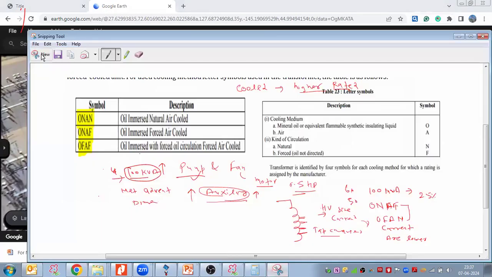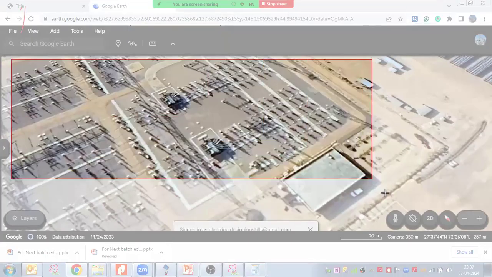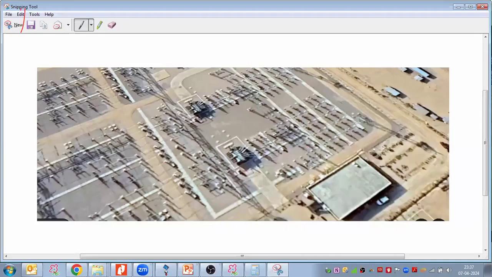Sometimes what we do, in this particular case, my 33 kV is outdoor. Sometimes we place the 33 kV panel inside the control building, and we take the 33 kV cable out from the HT panel connecting to the transformer, right? On the 33 kV side that steps up into 220 kV or 132 kV and then feeds to the grid.